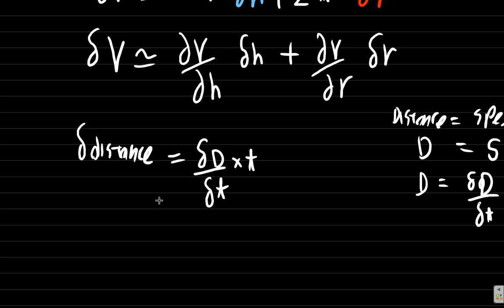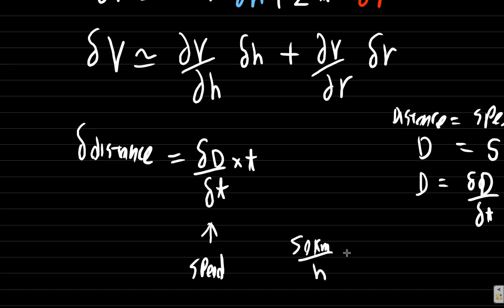So here, this is speed. Change in distance over change in time. Speed is distance over time. If you're going at a certain speed, for example, 50 kilometers per hour, kilometers per hour means kilometers divided by hour. Change in distance over time, that's speed.